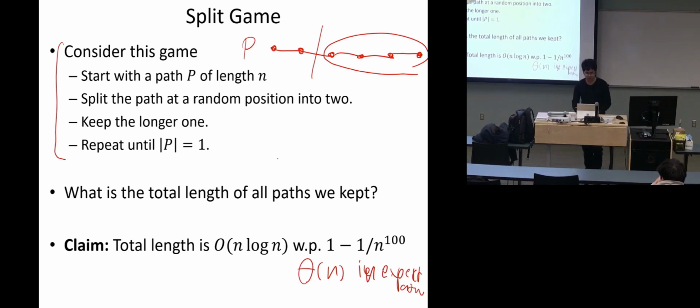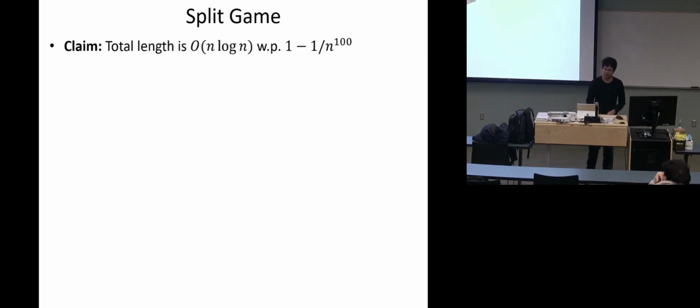Good. So let's see how to even analyze this. How should we start? Let me start by defining p_i to be the path at round i.